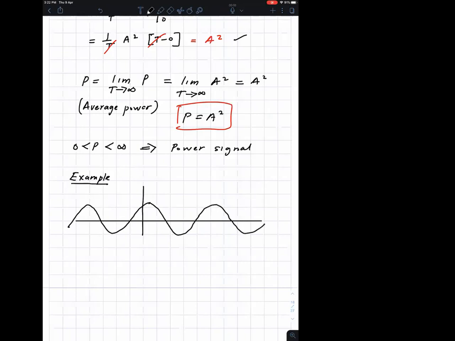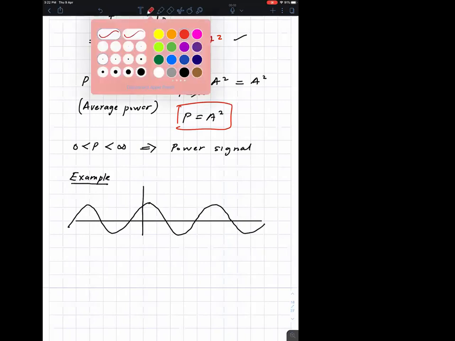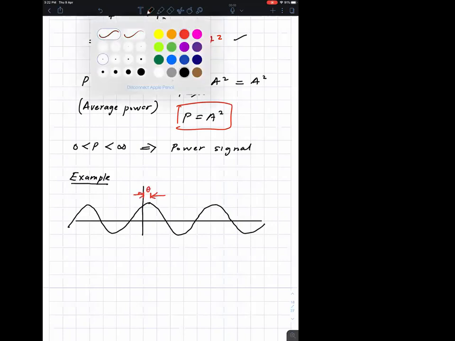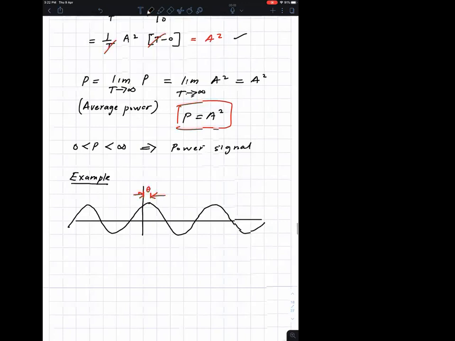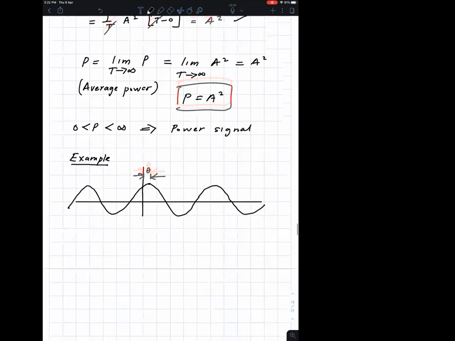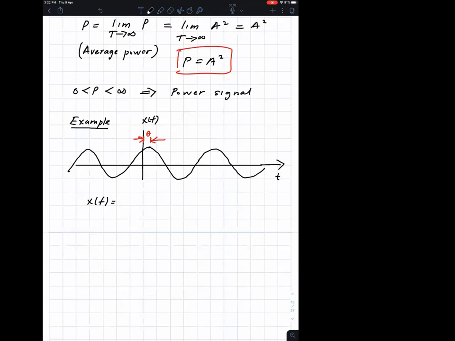This is a sinusoidal signal. We have seen this signal before, and we used to call this x(t), with an amplitude A, cosine, omega t, frequency times time, plus the phase shift.